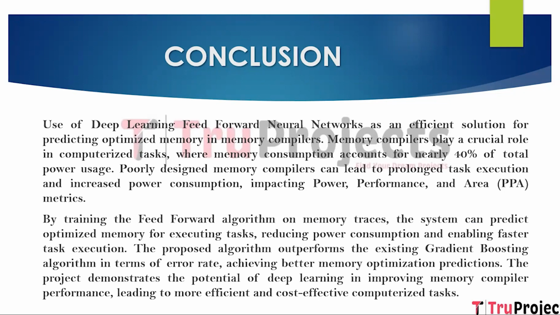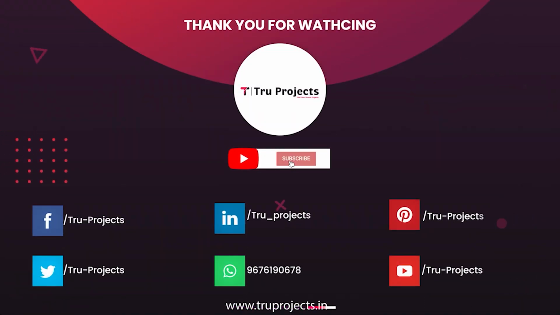The system can forecast optimum memory for executing tasks by training the feed-forward algorithm on memory traces, lowering power consumption and enabling faster task execution. In terms of error rate, the new technique, which is the feed-forward neural network, outperforms the existing gradient boosting algorithm, resulting in superior memory optimization predictions. The project shows how deep learning can improve memory compiler performance, resulting in more efficient and cost-effective computerized systems.